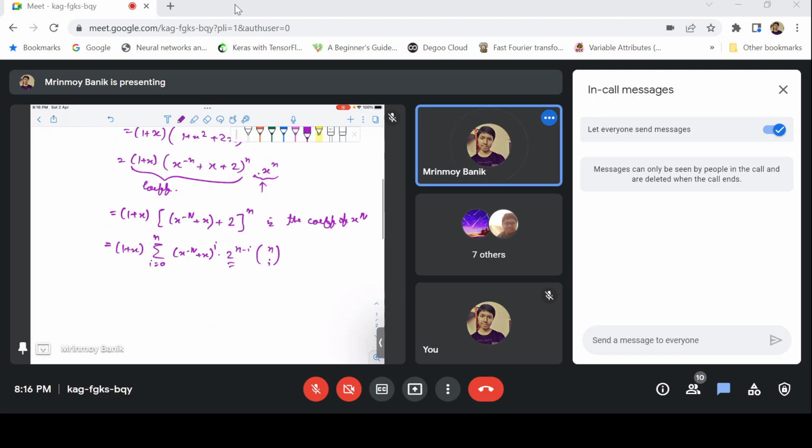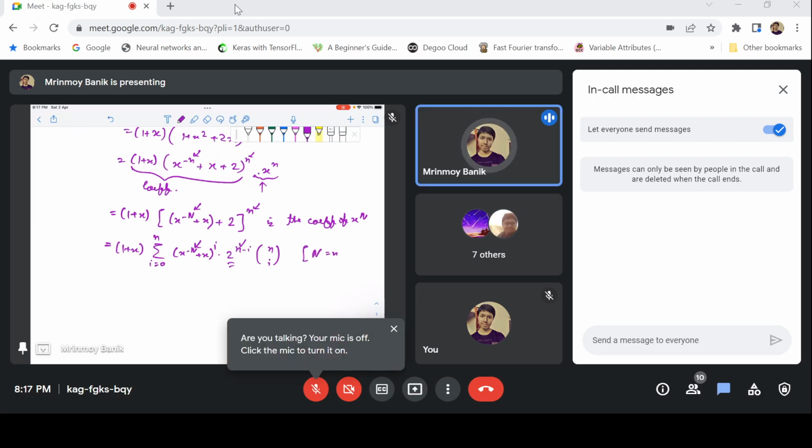What is the capital N for? You may confuse this n and this n, right? So that's why I am writing it as capital N here and small n there. Capital N is equal to n, right?